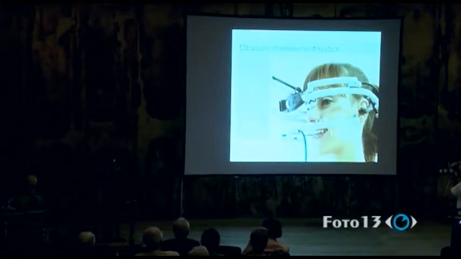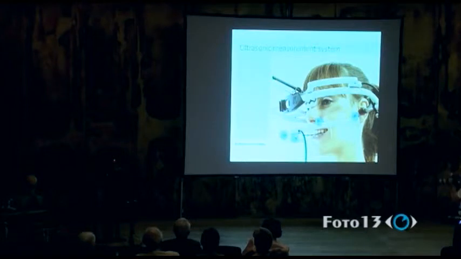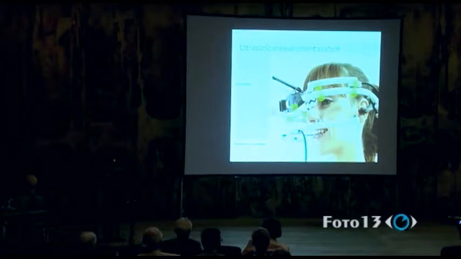Now how does it work? It's an ultrasonic navigation system. We fix on the lower jaw ultrasonic sensors. These sensors give a small peep, you don't hear it. And on the head we have 8 ultrasonic microphones.